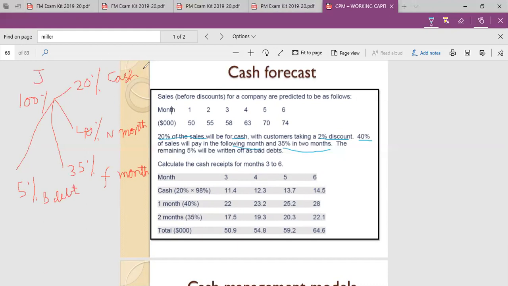Okay. So for example, if sales are made during January, this will be received in January, this will be in February, this will be received in March. If we are preparing a statement of cash receipts for the month of March, the third month, let's put it as March. If we are talking about collection for the month of March, collection can happen from January sales also.